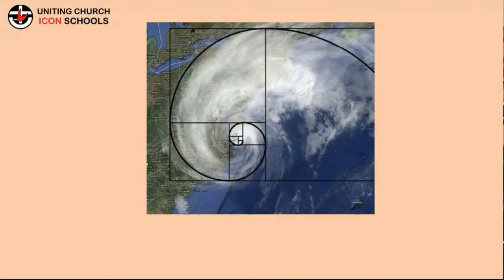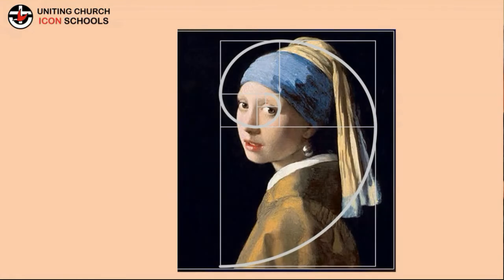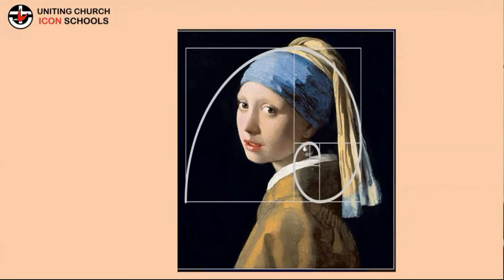This Fibonacci sequence seems to work. So what if you start to apply the Fibonacci sequence particularly to portraiture? So we start with the eye, you can see how that works. But not only that, look what happens if you start with the pearl.